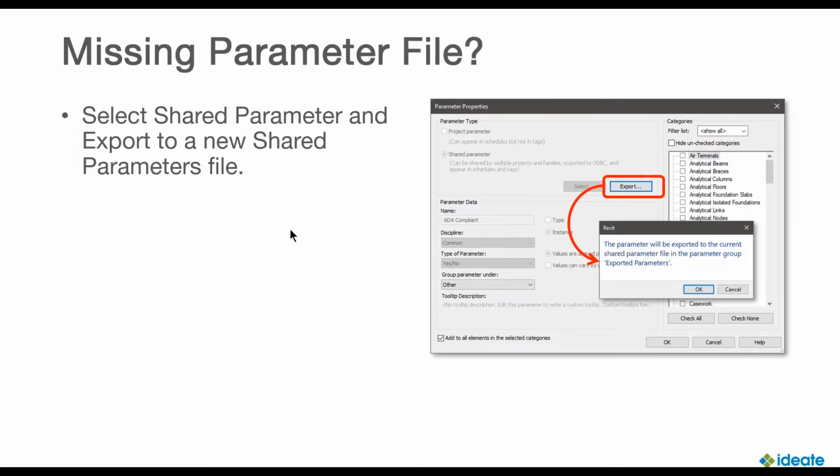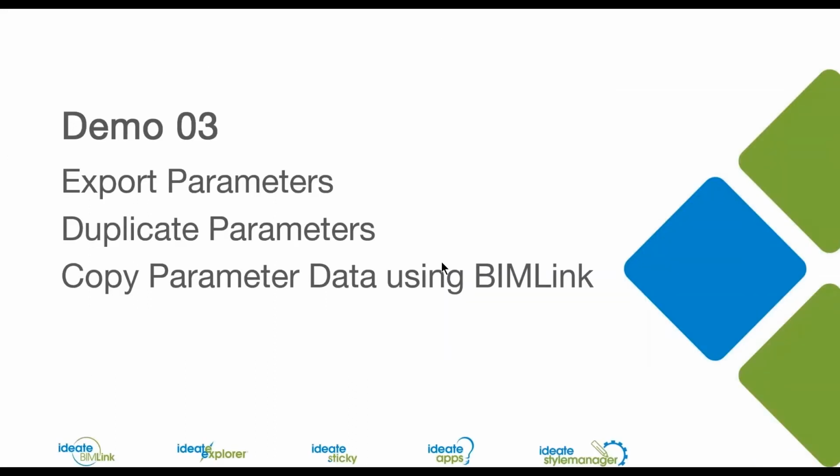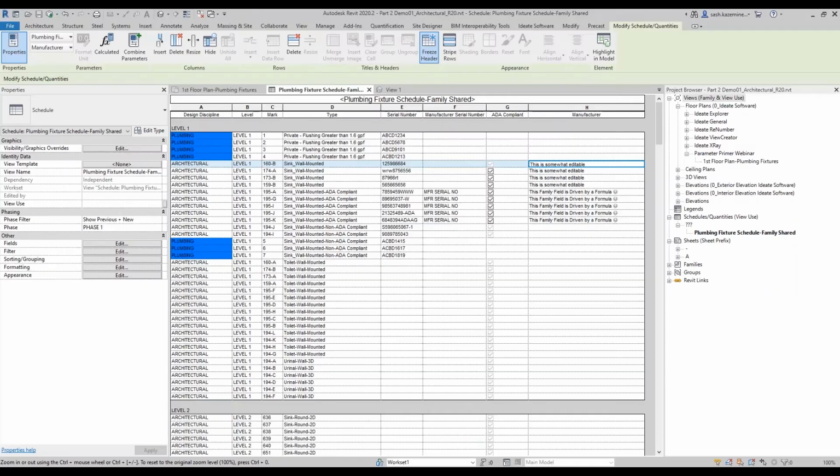For the final demonstrations, I'm going to demonstrate how to export those parameters and then how to take this parameter information and copy it over to your new parameter using BIMLink. So I'm going to come back to this Revit file, and we're going to focus on the serial number and manufacturer serial number information.